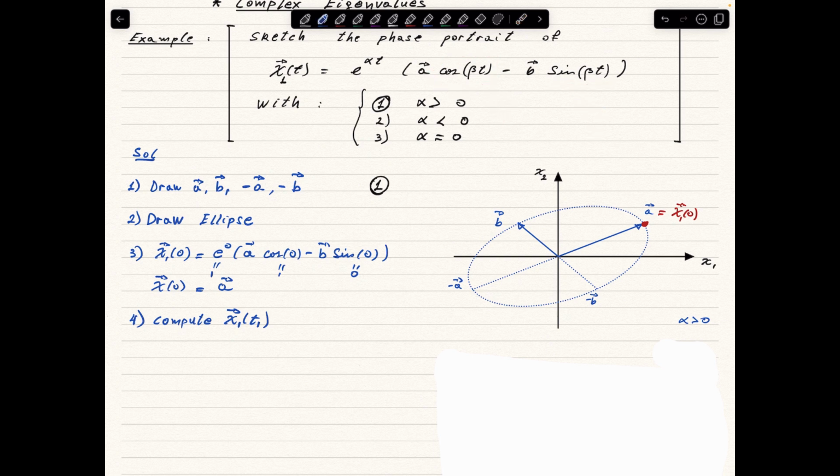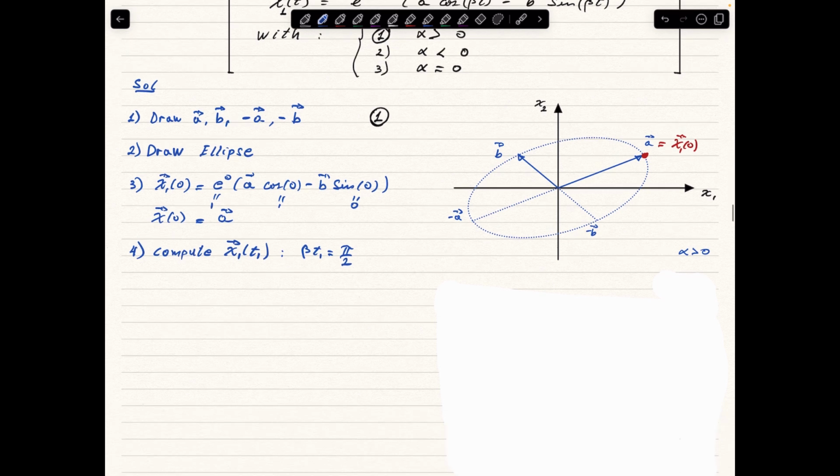So we are going to choose t1 such that beta t1 is pi over 2, the argument inside the cosine and the sine. Of course, t1 is then given by pi over 2 over beta.